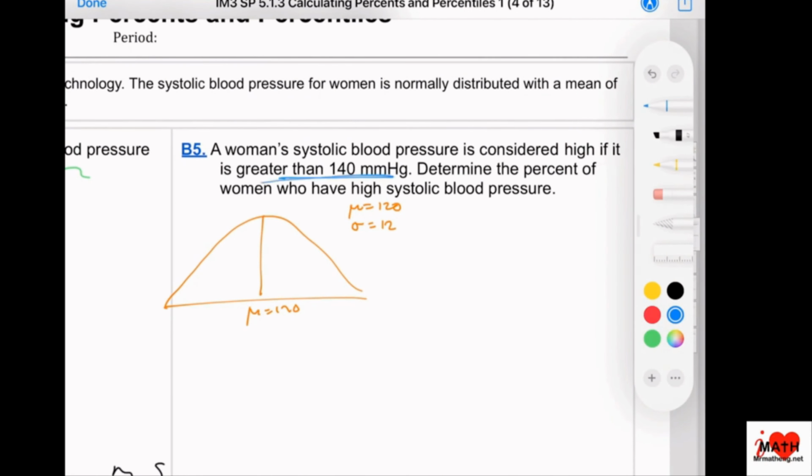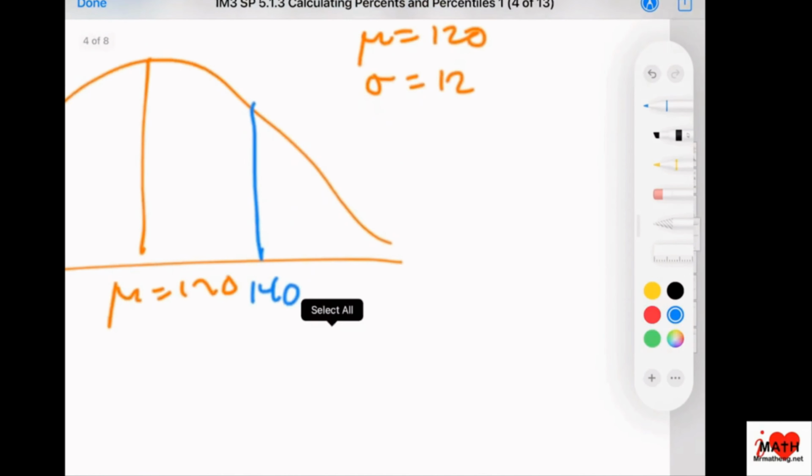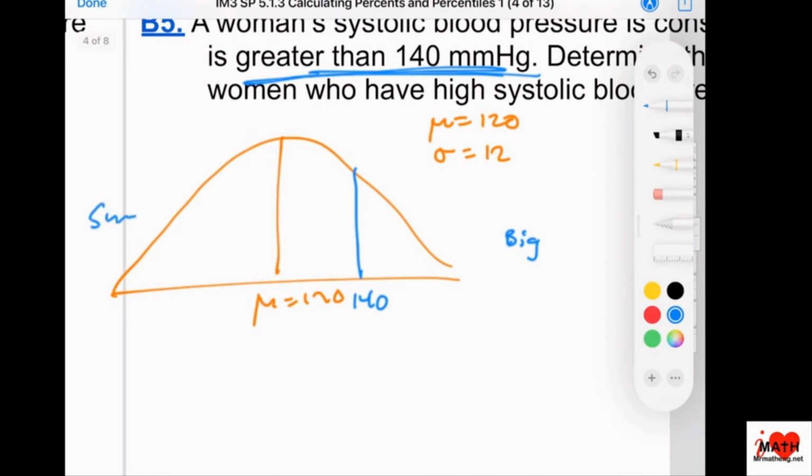We're looking at greater than 140. I put 140 to the right because it's a bigger number, so greater means going towards the right. We're trying to find this blue area.